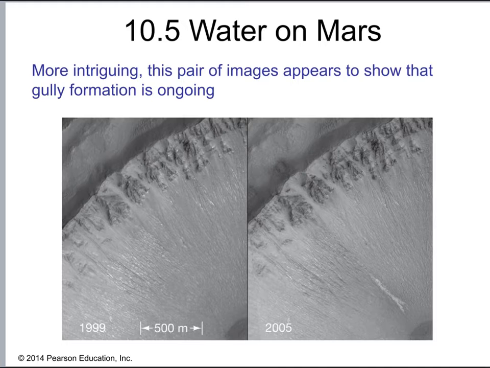This first picture was in 1999, the second picture was in 2005, and the changes show that sort of erosion, which suggests that maybe gully formation is ongoing on Mars even today. So maybe as Mars warms up in the summer, some water melts and is able to do geological things before it evaporates into the atmosphere or freezes back down.